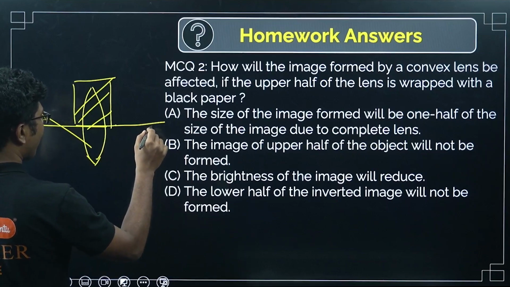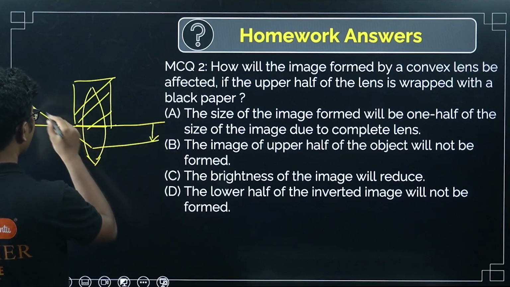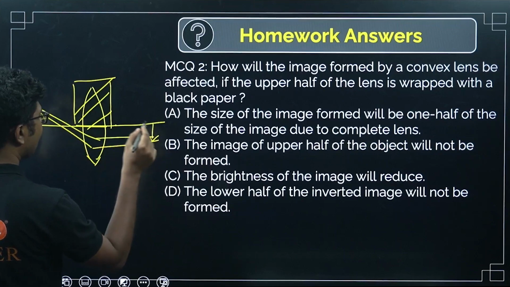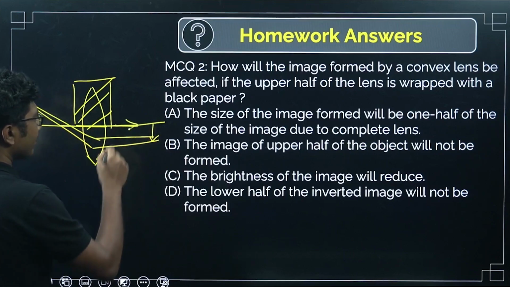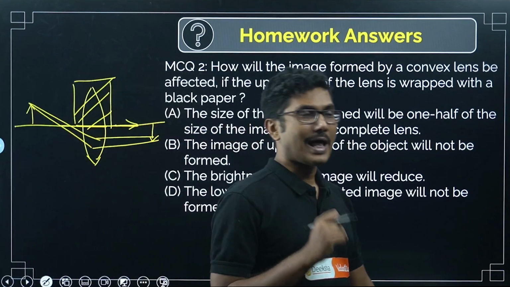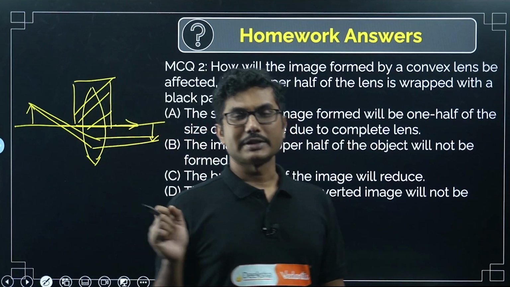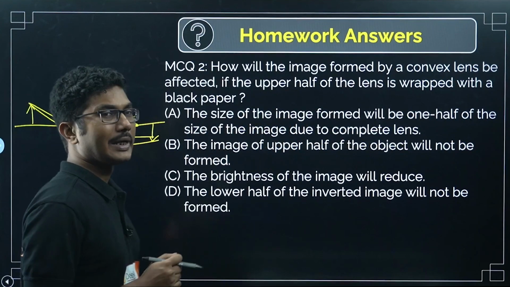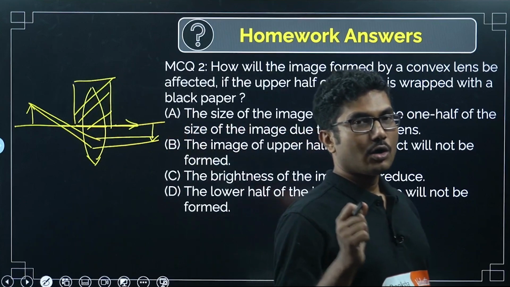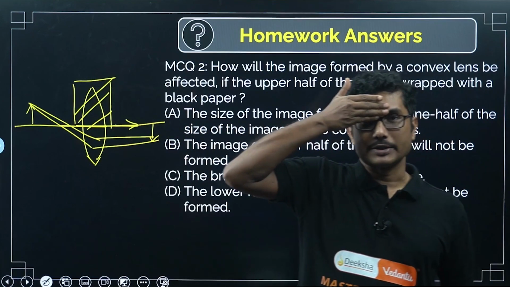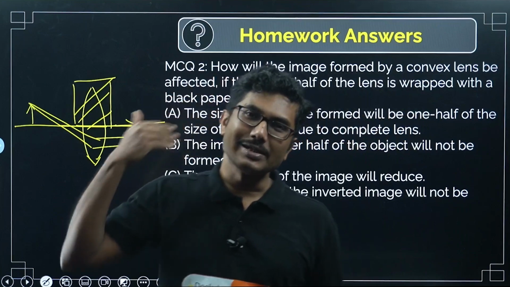It does not matter, rays can still pass. The only thing that will happen is that the brightness of the image will decrease. Sometimes you might think, what will happen if I close my eye by 50%? Can you not see? You can still see.